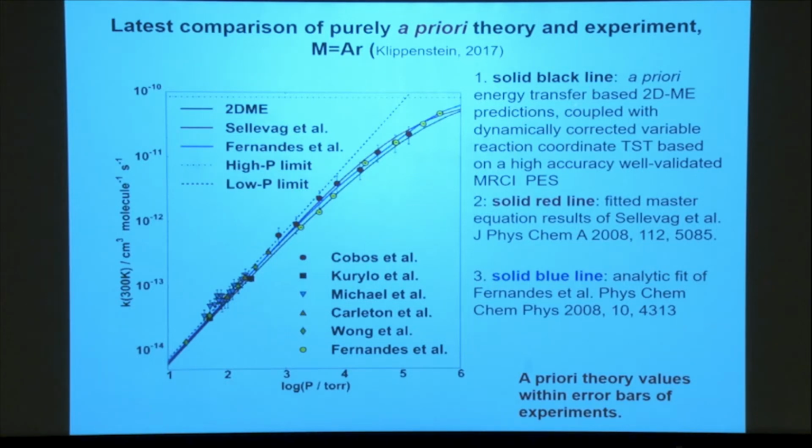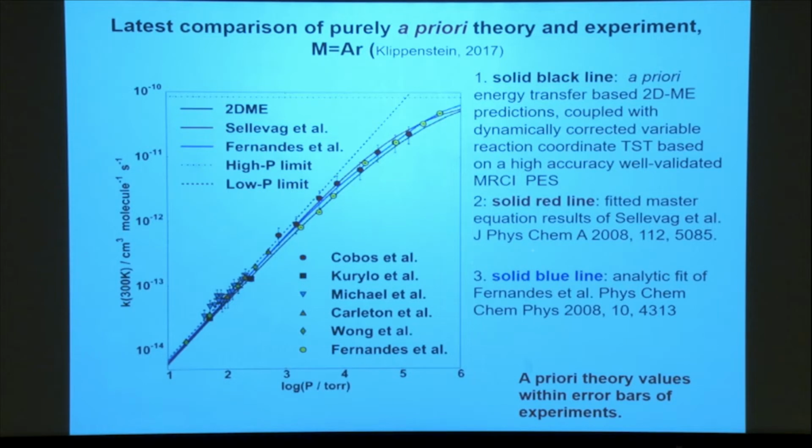What they were trying to do is to do this in a completely a priori way: we're not going to fit anything that goes into our model. We're not going to use experimental data to better constrain our potential energy surface, as is commonly done. We're just going to do it completely from theory.